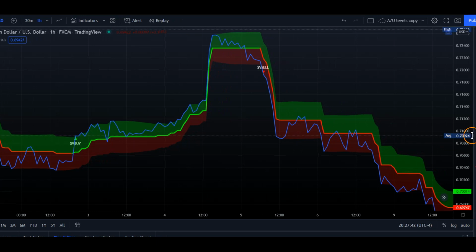Okay, so we have our scale over here. We're going to go from just the top of the range here to the bottom of the range.